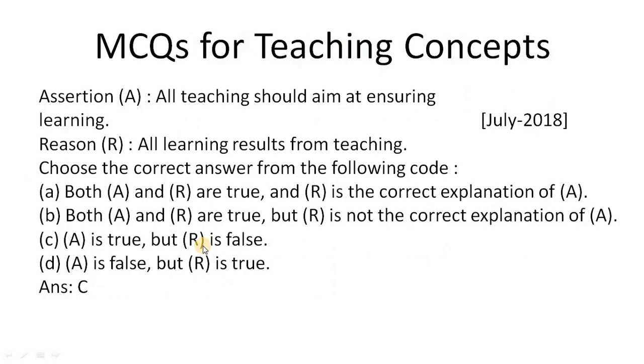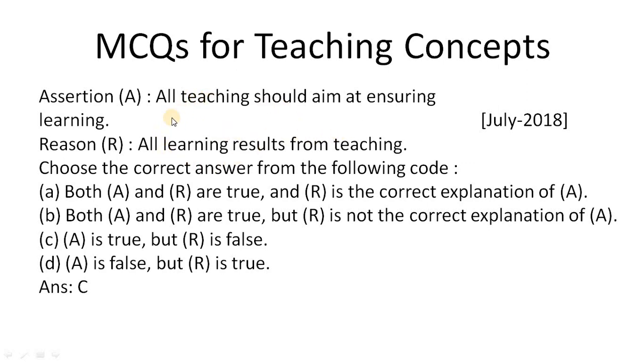Now, first MCQ: all teaching should aim at ensuring learning. Okay, so this is the assertion, and the reason is: all learning results from teaching. You know that the reason is totally wrong, because learning can be possible without teaching.